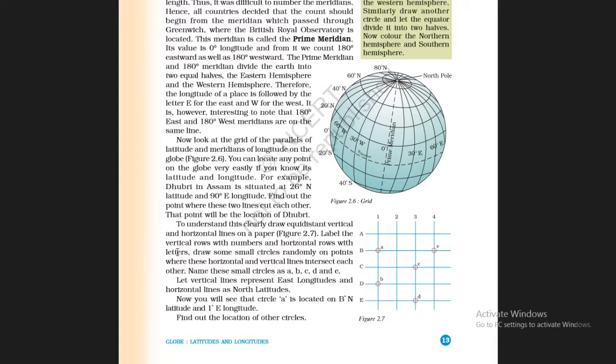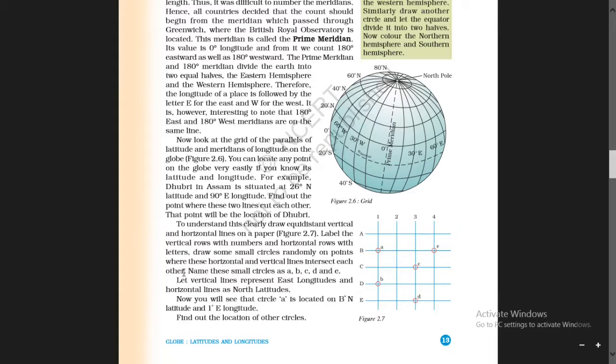So, you have to label vertical rows with numbers and horizontal rows with letters. Draw some small circles randomly on points where these horizontal and vertical lines intersect, where they meet each other.